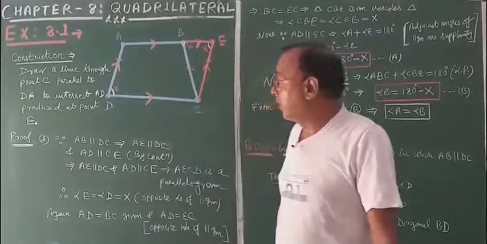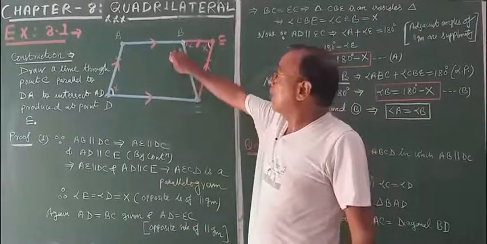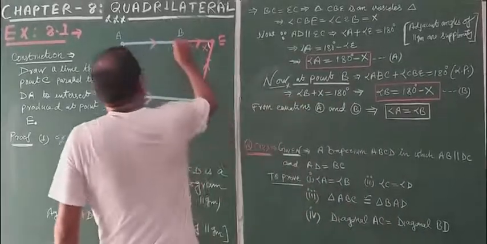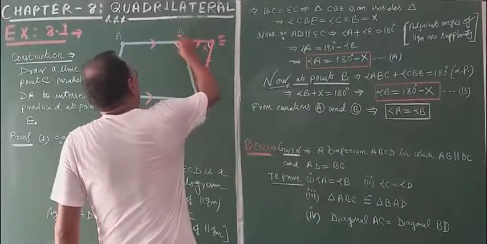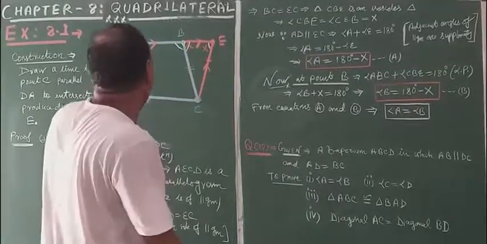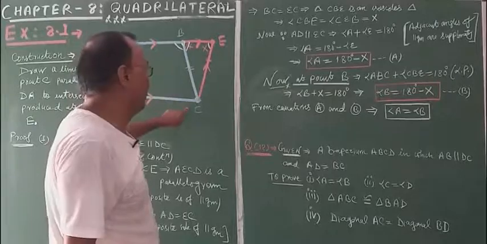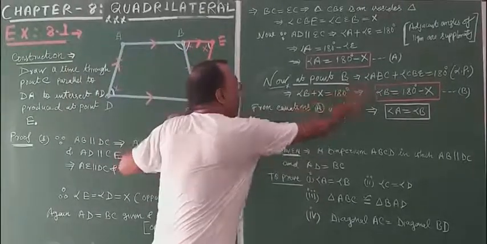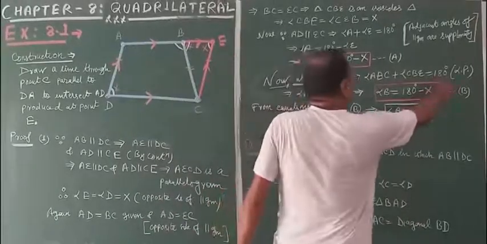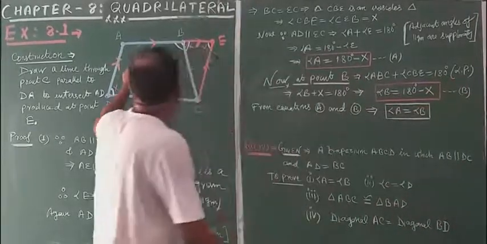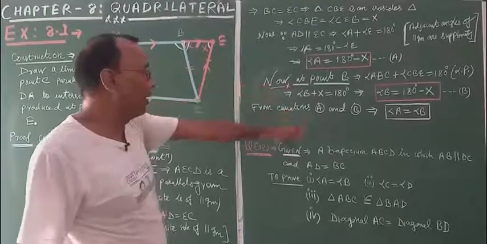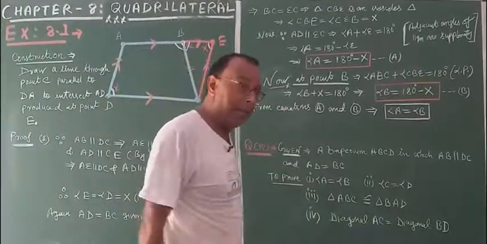Now come to the point here. Again just look at point B. At point B, this angle and this angle are in linear pair. Which angle is this? Angle ABC plus CBE is equal to 180 degrees because they are in linear pair.